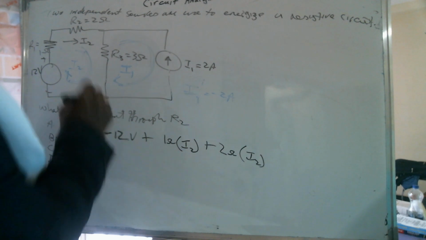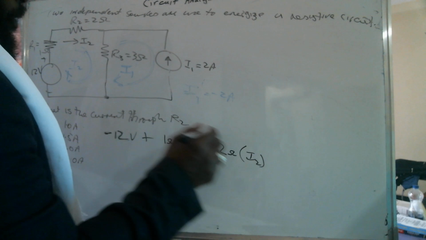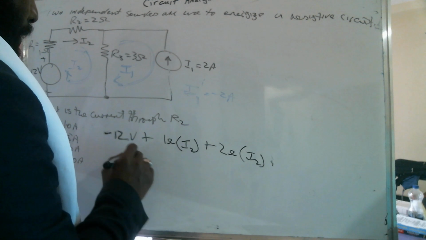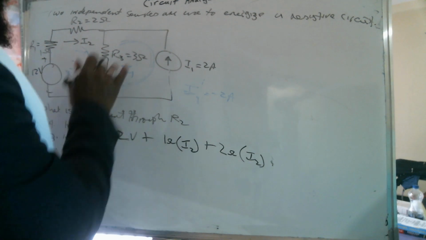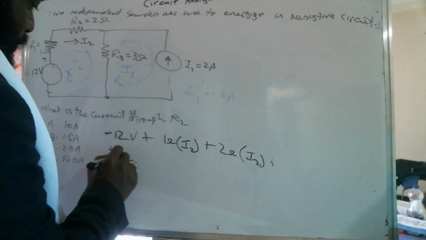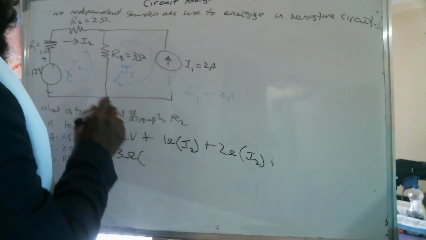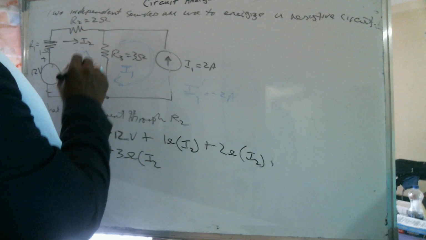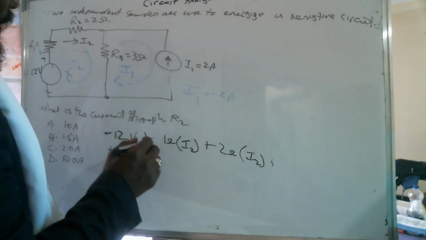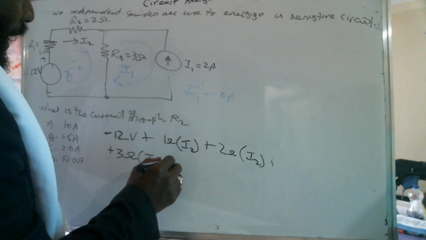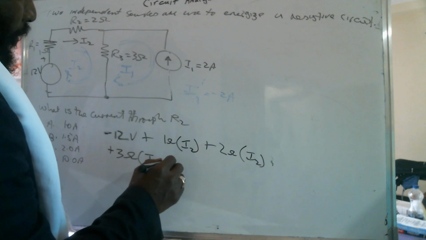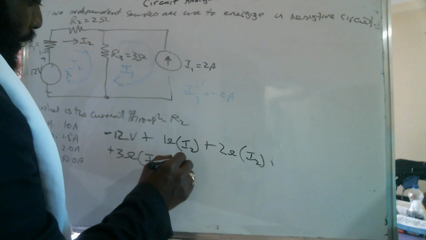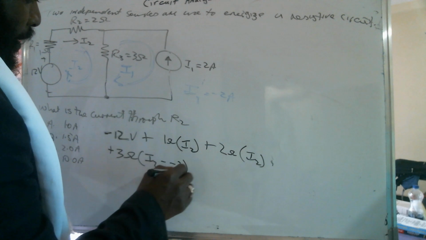Closing the loop, we add plus R3, which is 3 ohms, multiplied by the current I2 minus I1, which is minus 2 amps.